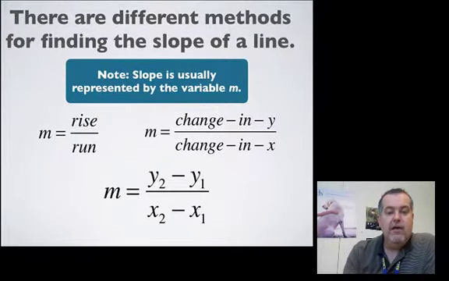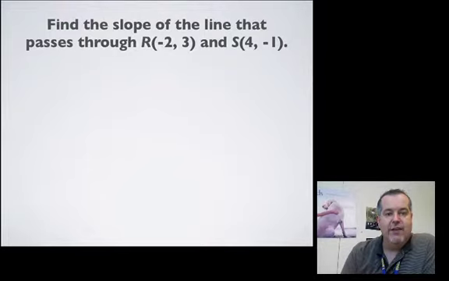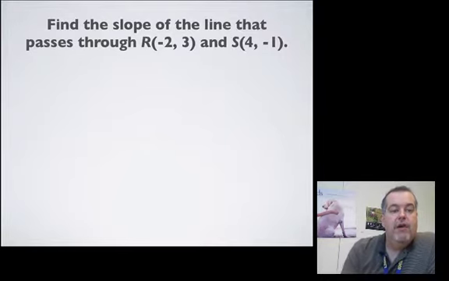Okay, so let's take a look at how that really looks, because we're going to use that method of the second instance of y minus the first instance of y over the second instance of x minus the first instance of x. So we're going to do that in this problem here. Find the slope of the line that passes through R, which is (-2, 3), and point S, which is (4, -1).